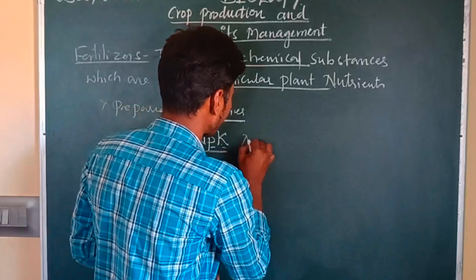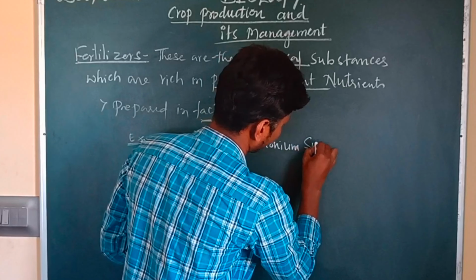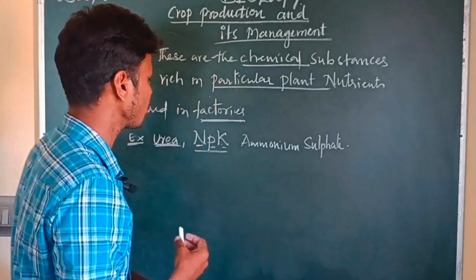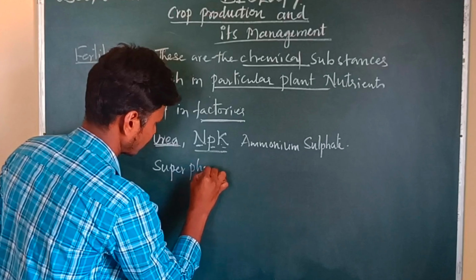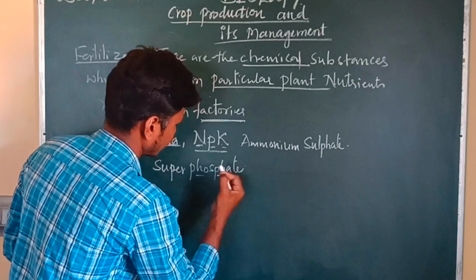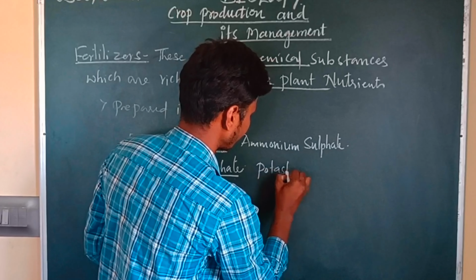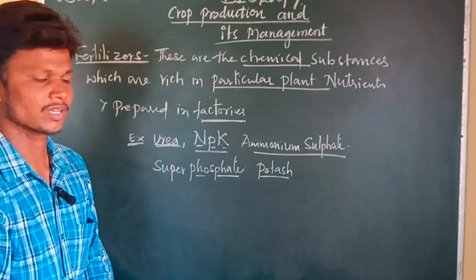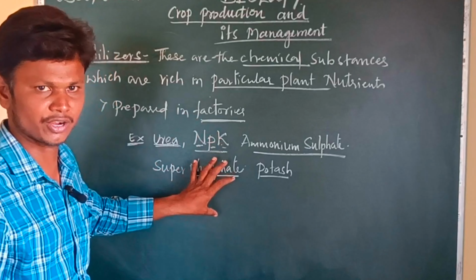Also ammonium sulfate, superphosphate, and potash. These are all inorganic chemical substances, all examples of fertilizers. They contain particular plant nutrients.